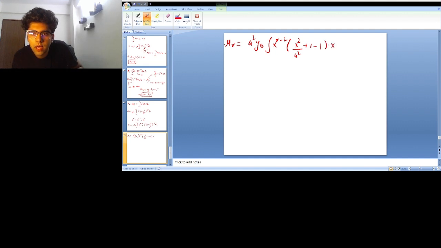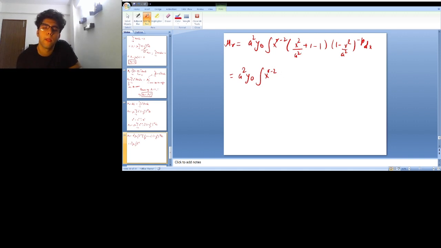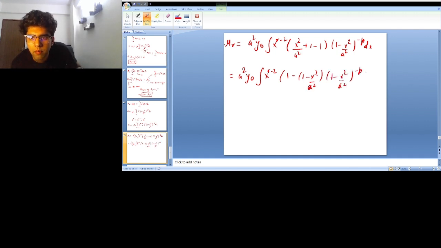So this will become a square y0 x to the power r minus 2, 1 minus (1 minus x square upon a square), into (1 minus x square upon a square) to the power minus p dx.